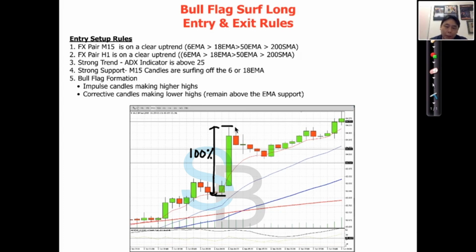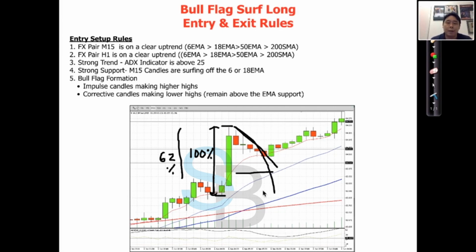Ideally, I want to see that the corrective candles retrace no more than about 62% of the impulsive wave, right? So if it retraces here, it's like it goes up 100%, it goes back down 100%.